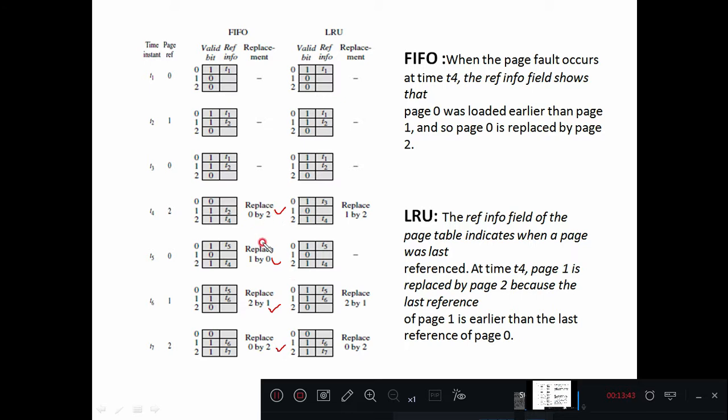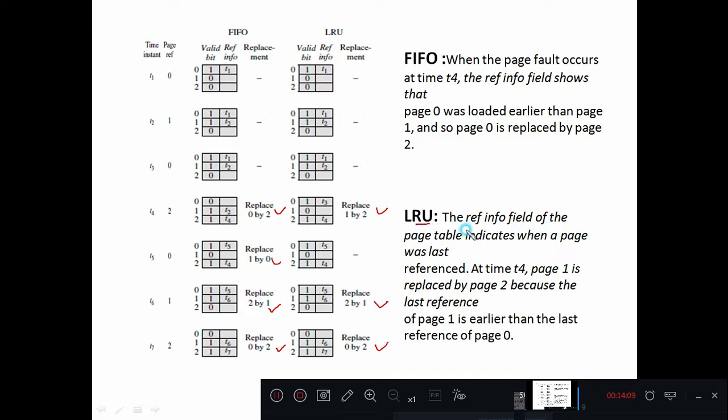The page fault occurs 4 times here, but in case of LRU you can see it occurs only 3 times, right? So the overhead in case of FIFO, that is swapping in and swapping out of the pages between the secondary memory and the primary memory, is more as compared to the least recently used page replacement policy, right?